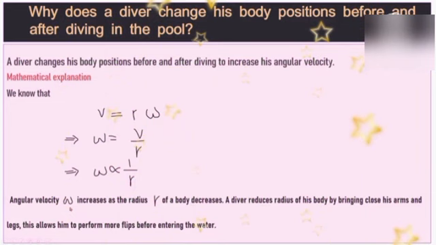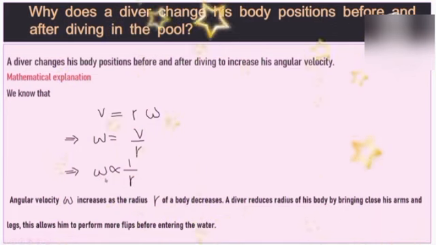Angular velocity omega increases as the radius of a body decreases, because both of these quantities have inverse relation. A diver reduces radius of his body by bringing close his arms and legs. This allows him to perform more flips before entering the water.